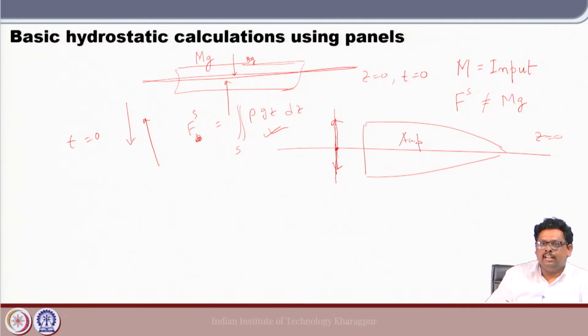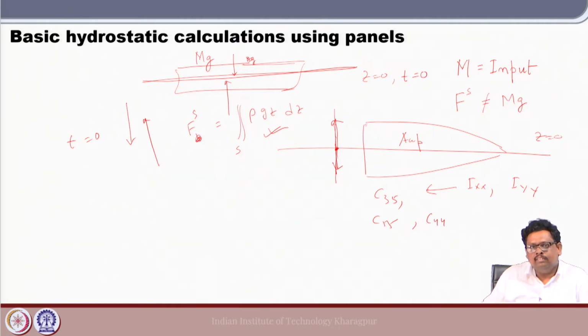Then you can figure out the values of Ixx, the area moment of inertia, and Iyy, and through this you can find the coefficients C33, C35, C55, or C44. So there is a way to do this.